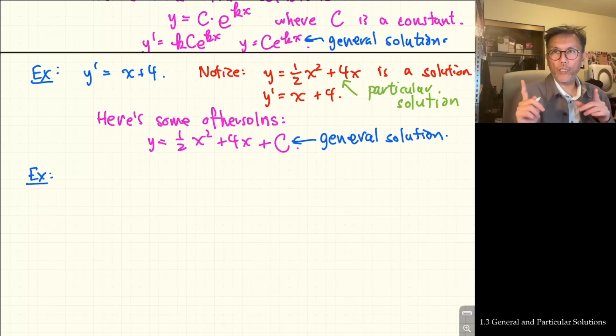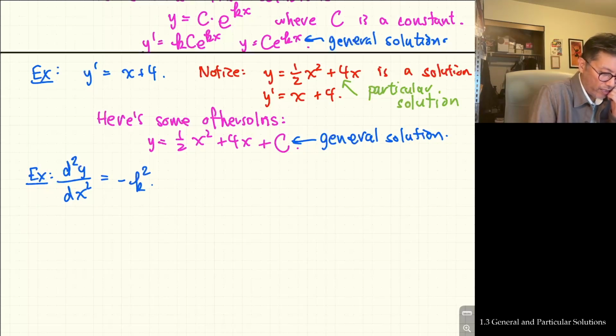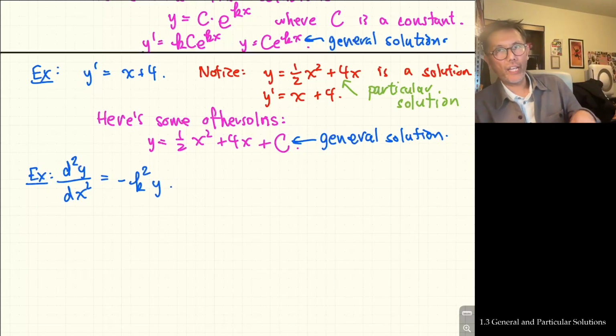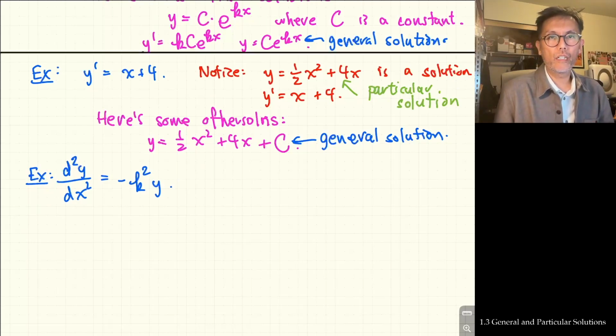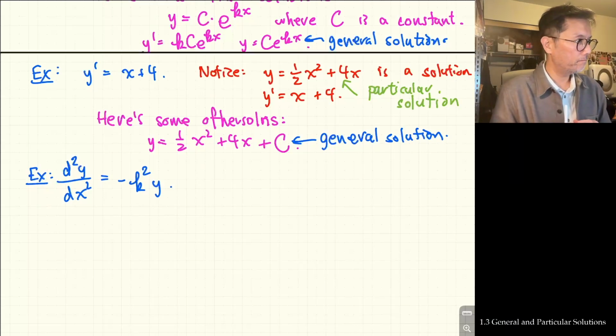And let's look at a second order equation. d squared y dx squared is equal to, let's say, negative k squared y. Okay, so k here is an arbitrary constant. It's fixed in the problem, so you can imagine it being 5 or negative 2. It doesn't matter. This is our differential equation.